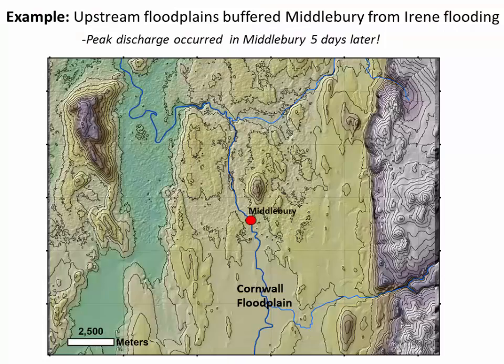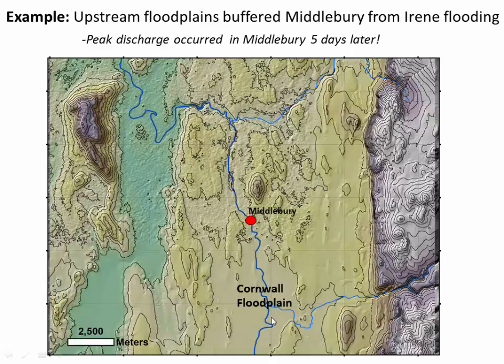Now, a very similar example happened in Hurricane Irene in Vermont. It turns out that Middlebury, Vermont, is protected by a lot of upstream floodplain area. Specifically, if you've ever gone south of Middlebury, there's an extensive area of low elevation swamps called the Cornwall Swamp or the Cornwall floodplain. And this kind of swampy area extends all the way down to Rutland.